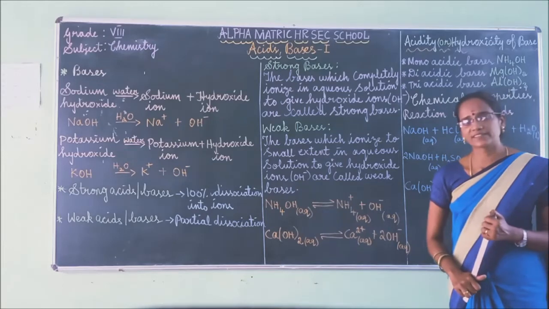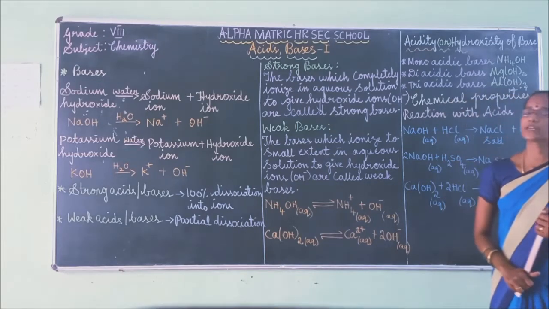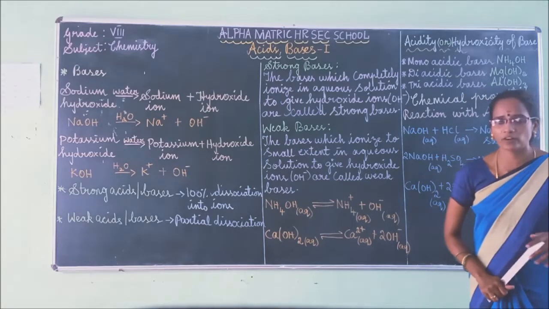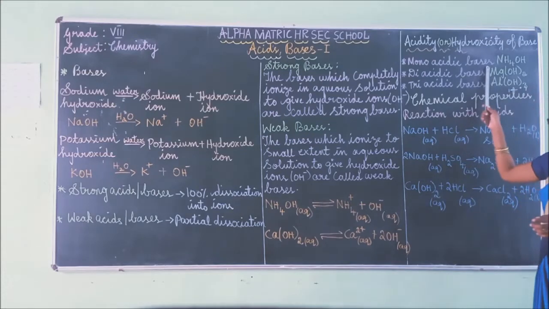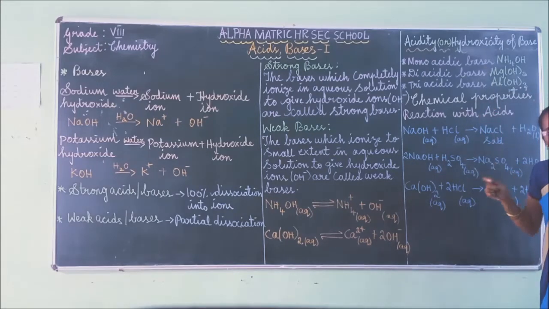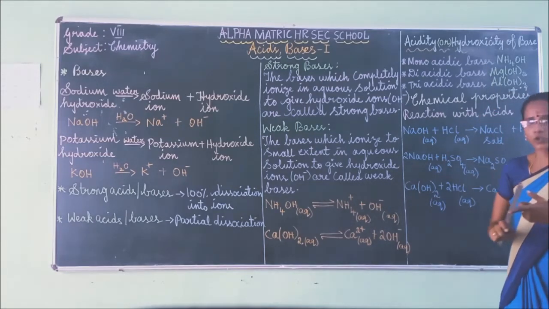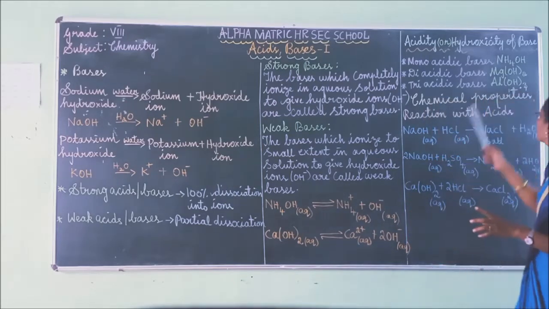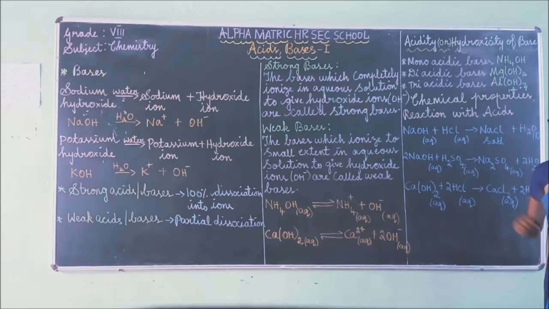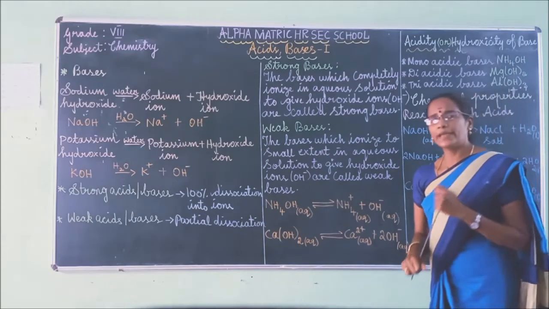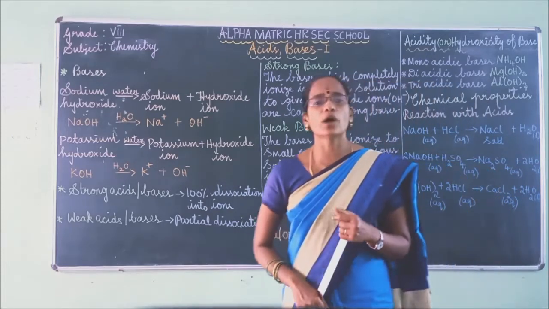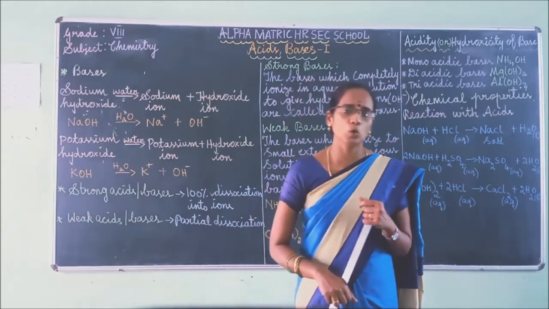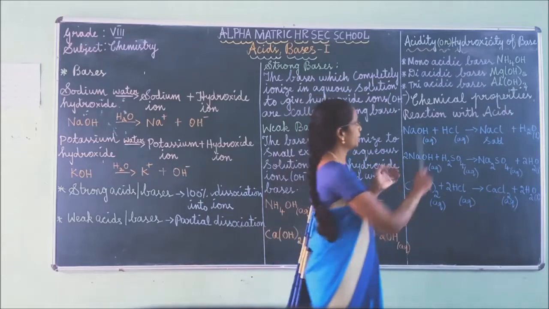These are examples of monoacidic bases because these bases contain only one hydroxyl group. The formula for sodium hydroxide is NaOH, only one hydroxyl group. Potassium hydroxide, KOH, one hydroxyl group. Ammonium hydroxide, NH4OH, one hydroxyl group. So the base which contains only one hydroxyl group is called a monoacidic base.